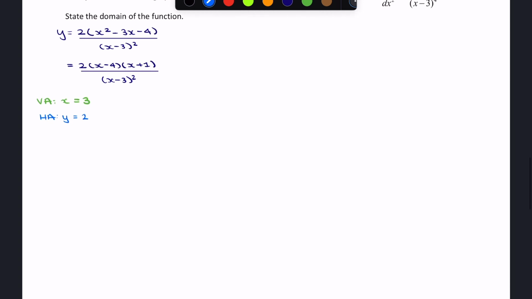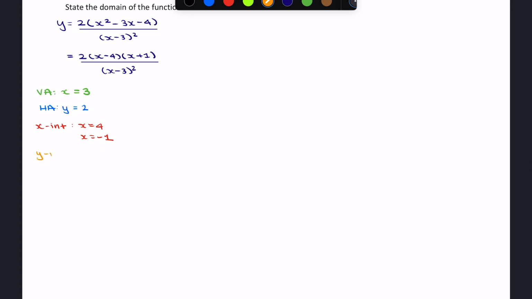We have two x-intercepts here: x is equal to 4 and x is equal to -1. And here we have a y-intercept at x is equal to 0. So if you sub in 0 for each of the x values, you get a y-intercept of y is equal to -8 over 9.